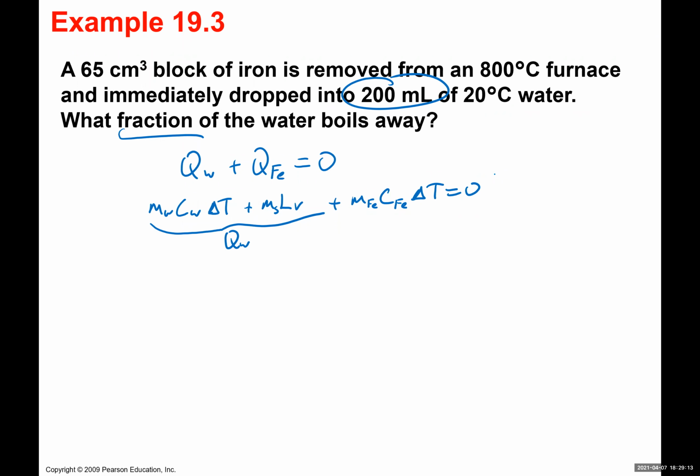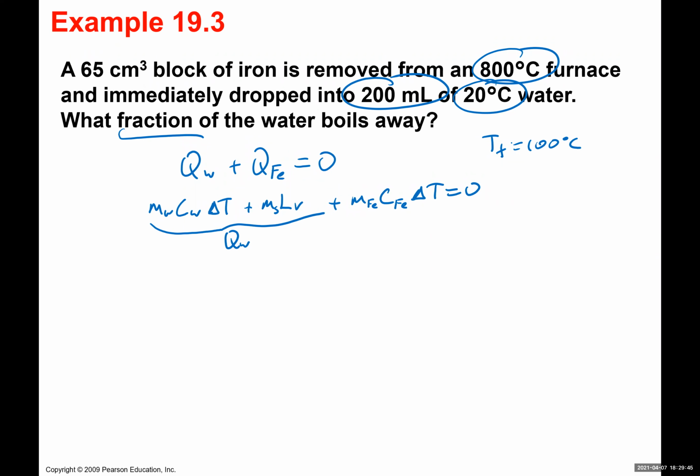Okay. Now, what we have here is this. We know the total mass of water. We know the initial temperature of water. We know then the final temperature of both of them is 100 degrees Celsius, and we have also the initial temperature of the iron. Now we're not given how much iron we have, but we are given the volume of the iron block, 65 cubic centimeters.